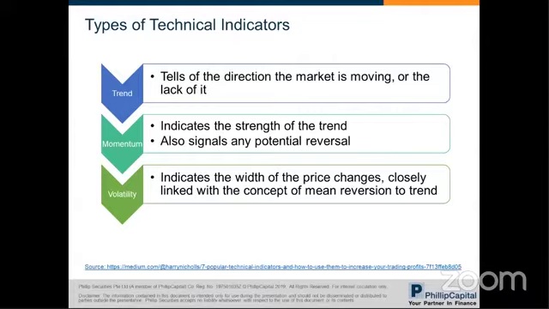For example, if you use an indicator like the Bollinger Bands, or the price band, and the price moves towards the outer bands, there's a chance that over time it will eventually return to the trend line, which is usually a moving average. I think you can attend our technical analysis webinars to find out more about how to use these technical indicators.